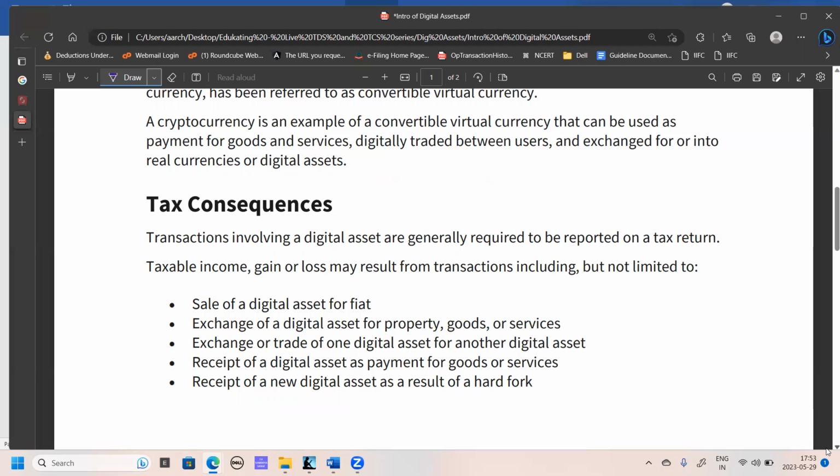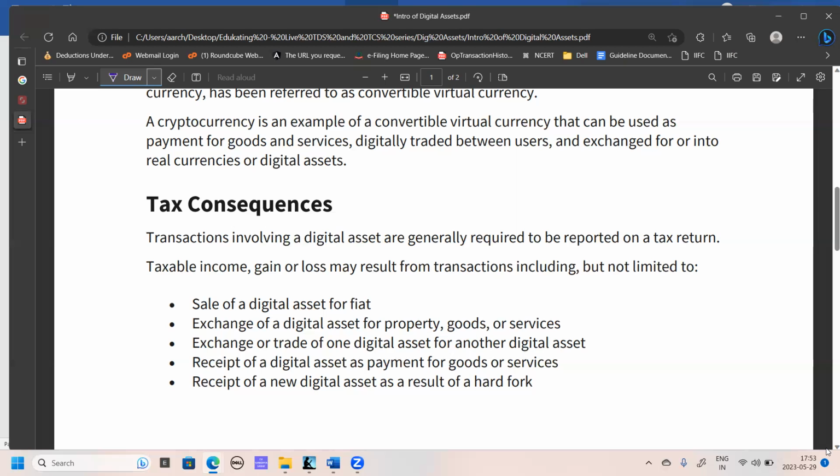However, when we trade regularly, there is a different section we are going to show you while filing our ITRs in our upcoming courses. For that, we need to disclose each and everything: the purchase value, and at what value you traded it. Everything needs to be disclosed in the income tax return.